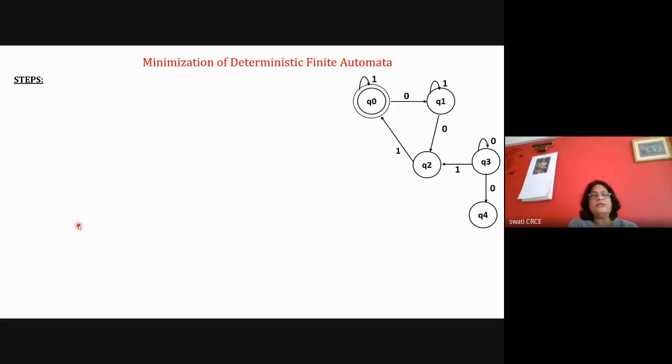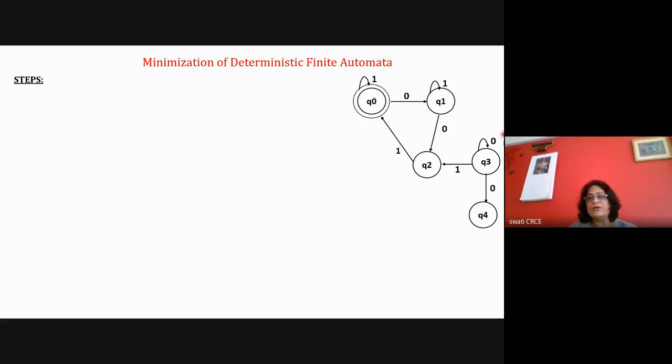So today's objective is to learn about minimization of a given deterministic finite automata. Okay, so minimization means reducing the number of states. Suppose this is a particular DFA that is given to you. You need to minimize the number of states so that for storing this DFA you need minimum space.